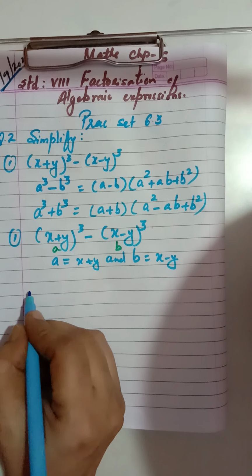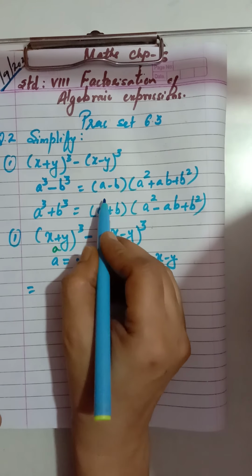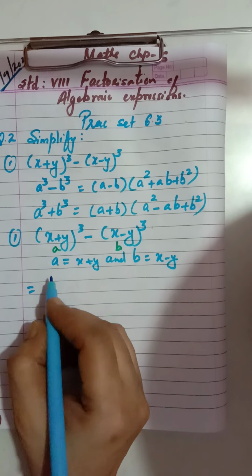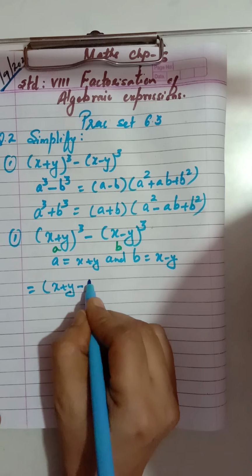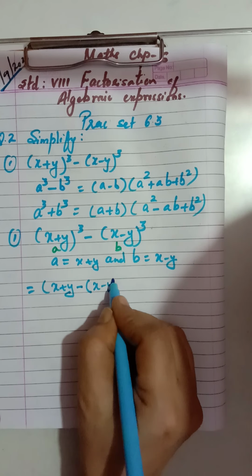As per the formula a cube minus b cube, the first bracket is a minus b, where a is x plus y and b is x minus y.